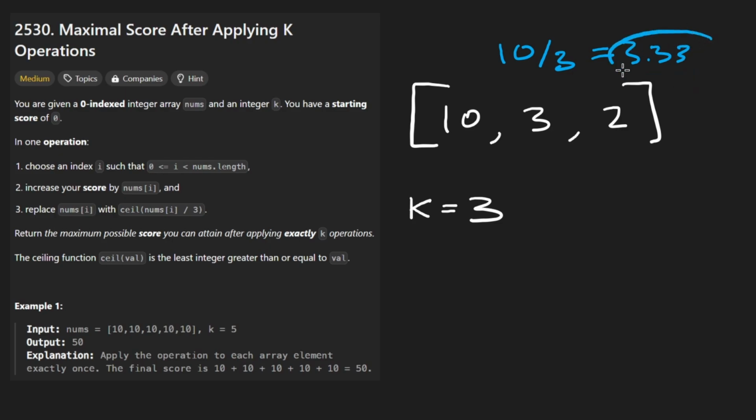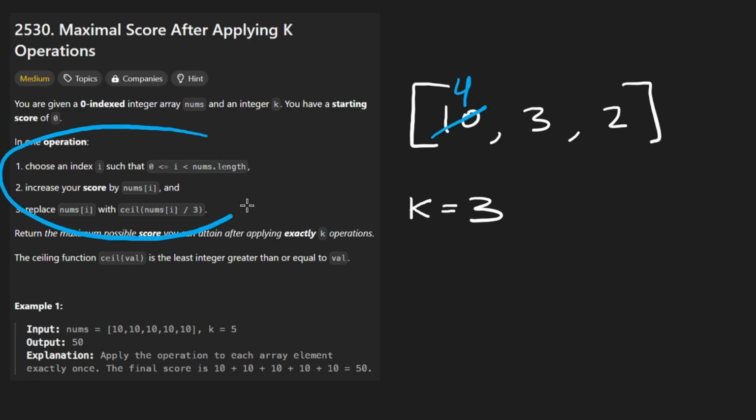But we don't have to worry about decimals in this problem because they say we can take this number, compute the ceiling of it. By the way, ceiling is just rounding this number up. So in this case, it would become 4. And then we take that 4 and replace the 10 with that. So now we are left with a 4. And so that was one operation.